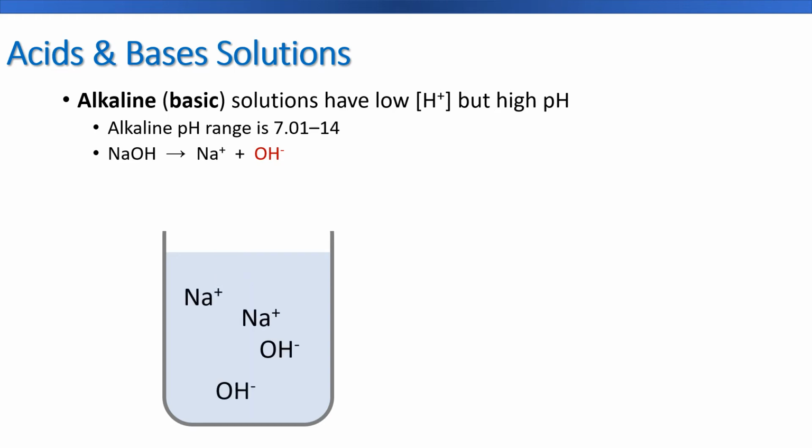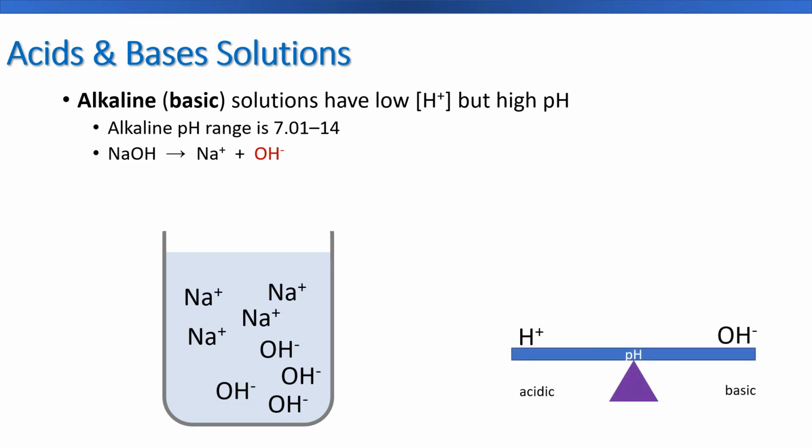In this case, sodium ions and hydroxide ions. So essentially, we have previously neutral water where our hydrogen ions and our hydroxide ions balanced, but we added some proton-accepting hydroxide ions and therefore made an alkaline solution.